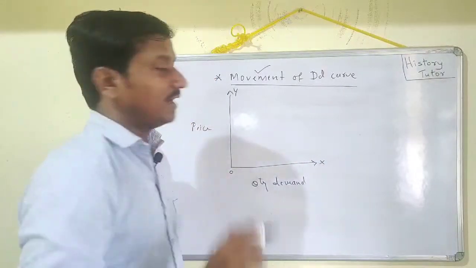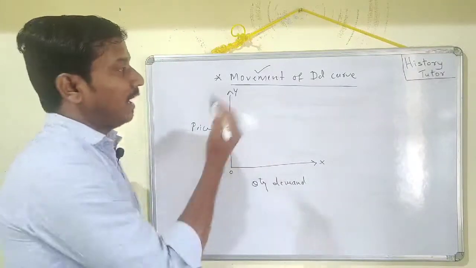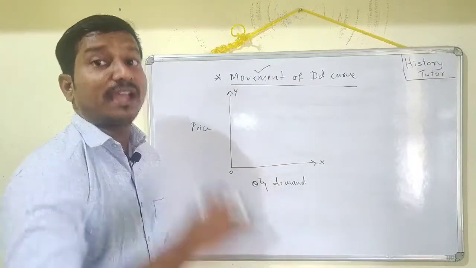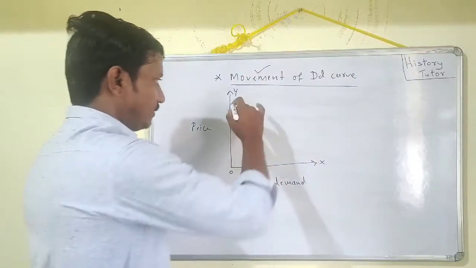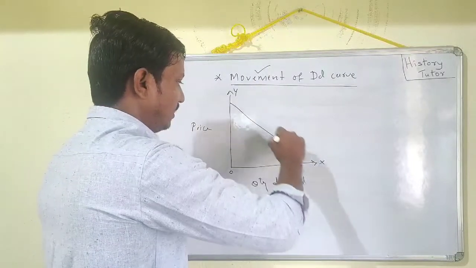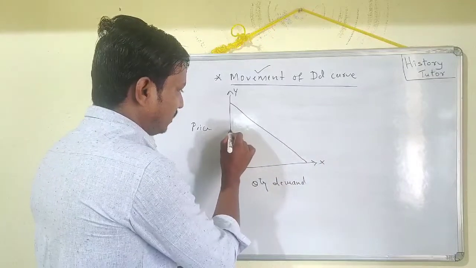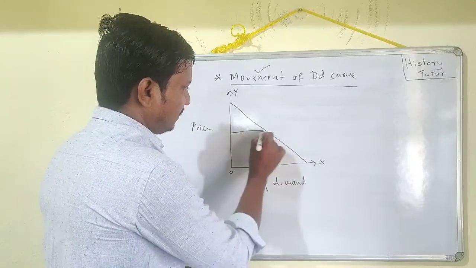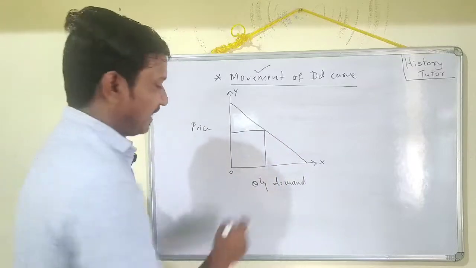The remaining determinants are assumed constant. So how the price changes and how it makes the demand curve move either upside or downside, that is what we have to look into here. So this is how I am going to draw. This is the demand curve. Assume that there is one basic price line which is in the middle of this. This is the basic price line.